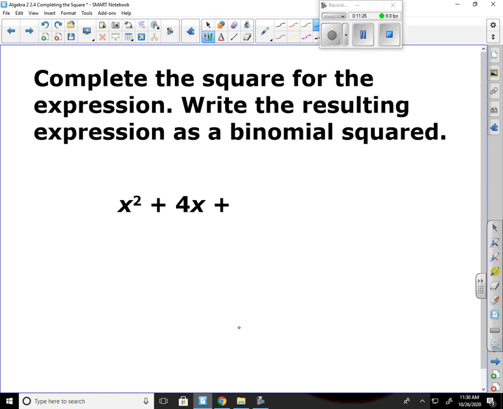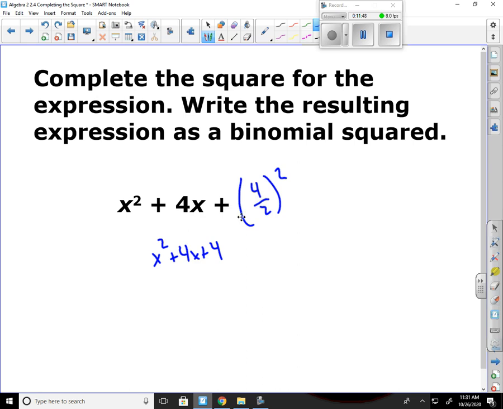Let's try this one. Let's complete the square. It means we take this number, divide it by 2, and then square it. 4 divided by 2 is 2. 2 squared is 4. X squared plus 4x plus 4.